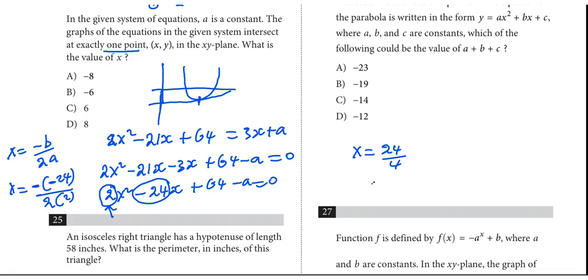So 24 divided by 4 will give us 6. So this is the value of x, and option C has it. I hope this makes some sense.